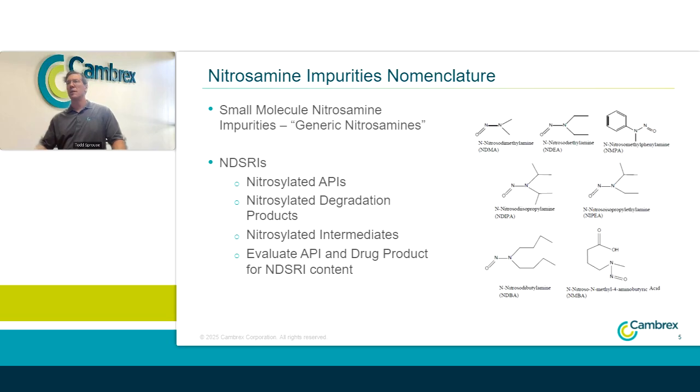And so the key class then is also the NDSRIs. While these are nitrosylated APIs, you do need to look for potential degradation products that can be nitrosylated, as well as intermediates, and evaluate the API and drug product for this content.